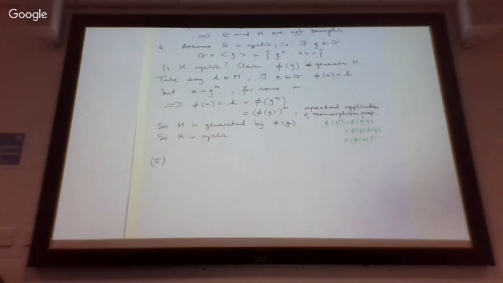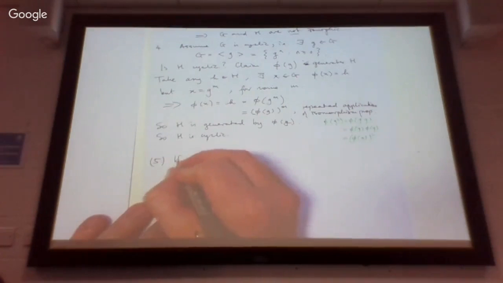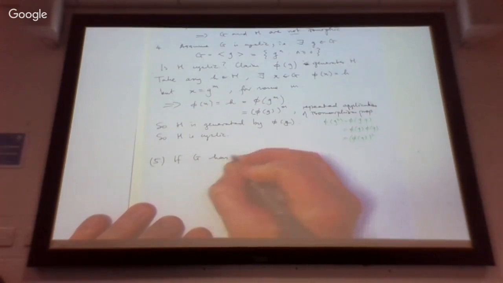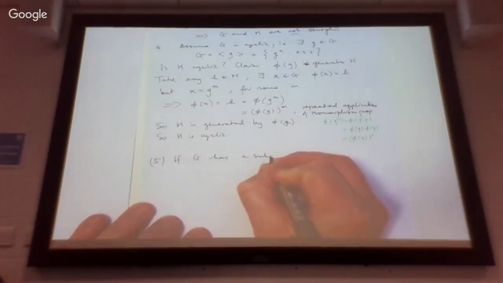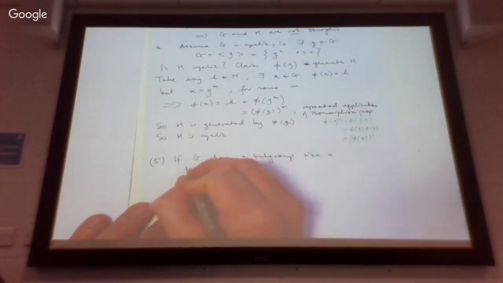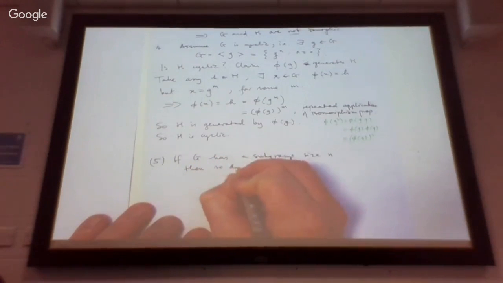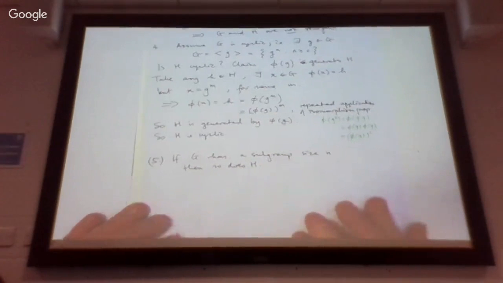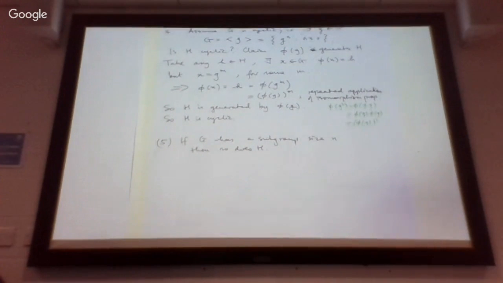And lastly, if G has a subgroup of size n, then so does H. So having subgroups of certain sizes, that's another group property. You can express that idea purely in terms of the set and the operation.